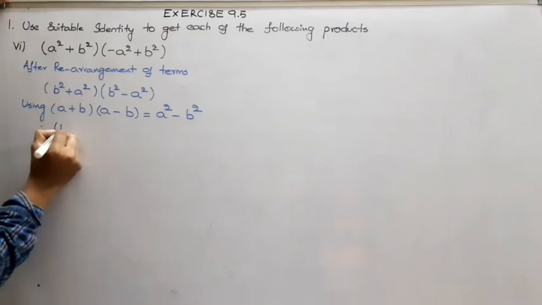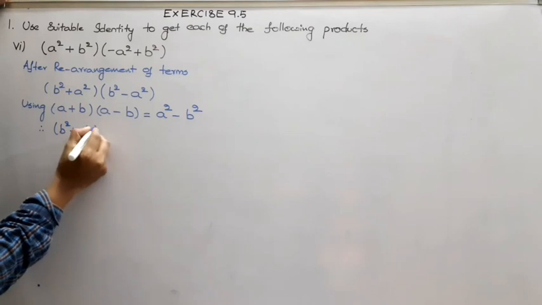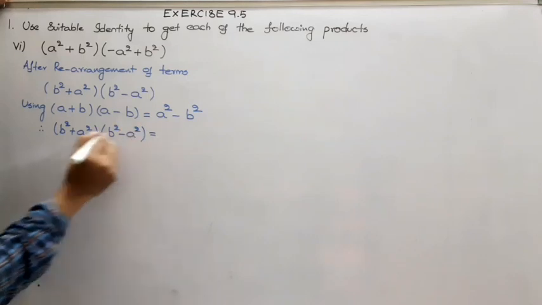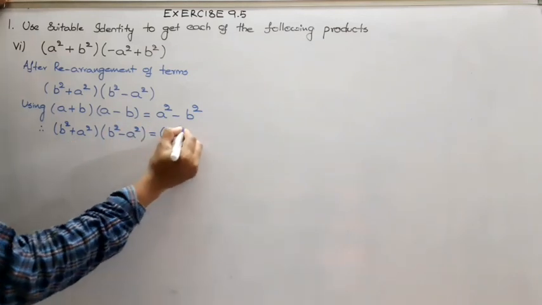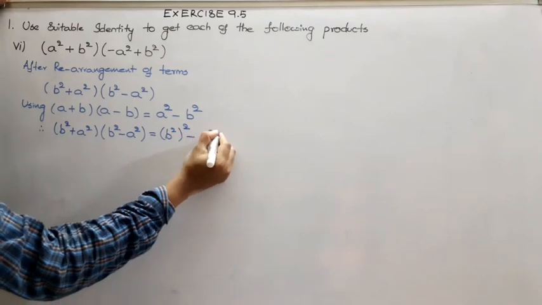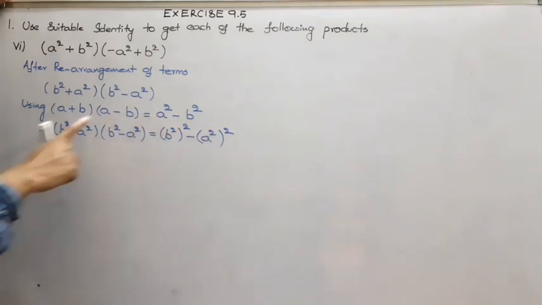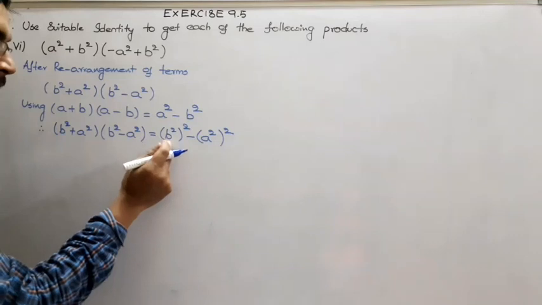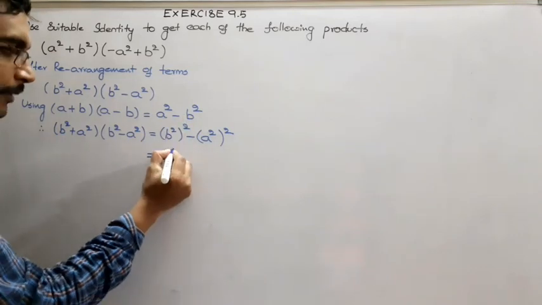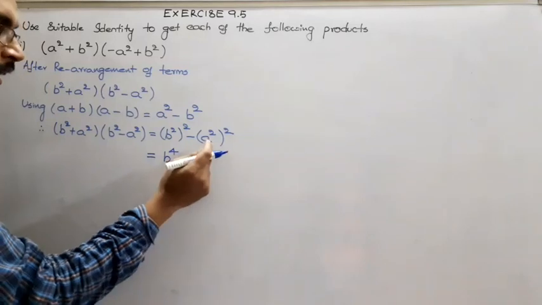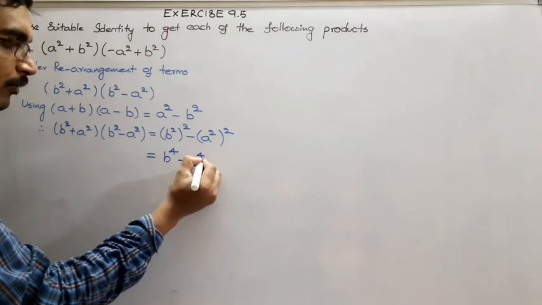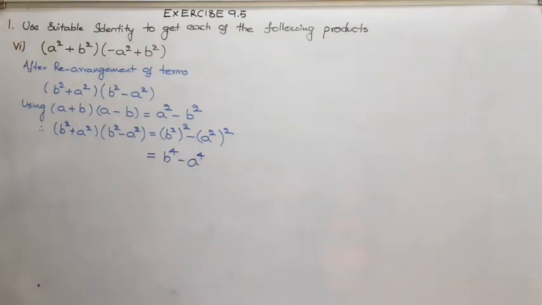Therefore, (b square plus a square) multiplied by (b square minus a square) is equal to (b square) whole square minus (a square) whole square, because we have a as b square here and b as a square. Hence whole square is coming. (a power m) whole power n is equal to a power mn, so 2 into 2 is 4: b power 4 minus a power 4. Hope you are able to follow, children.